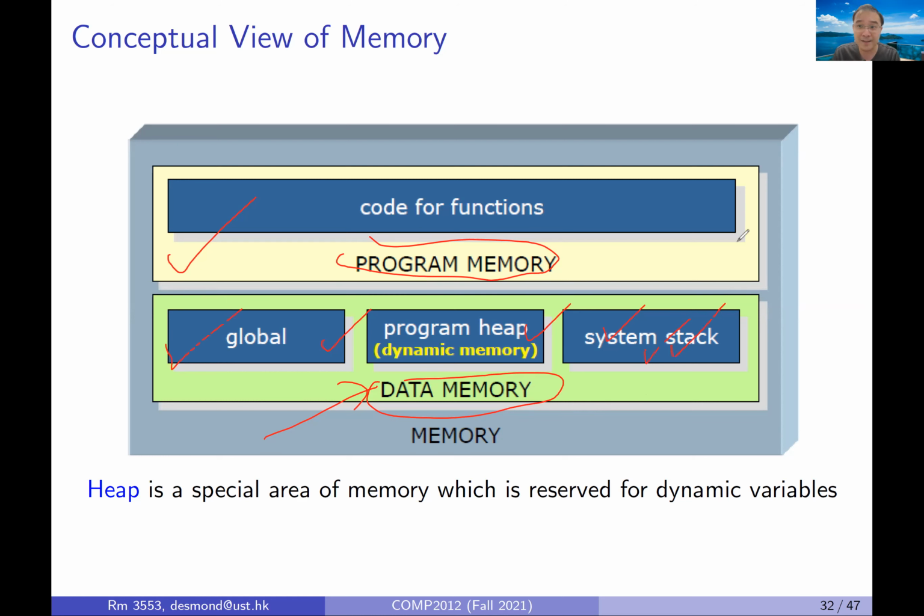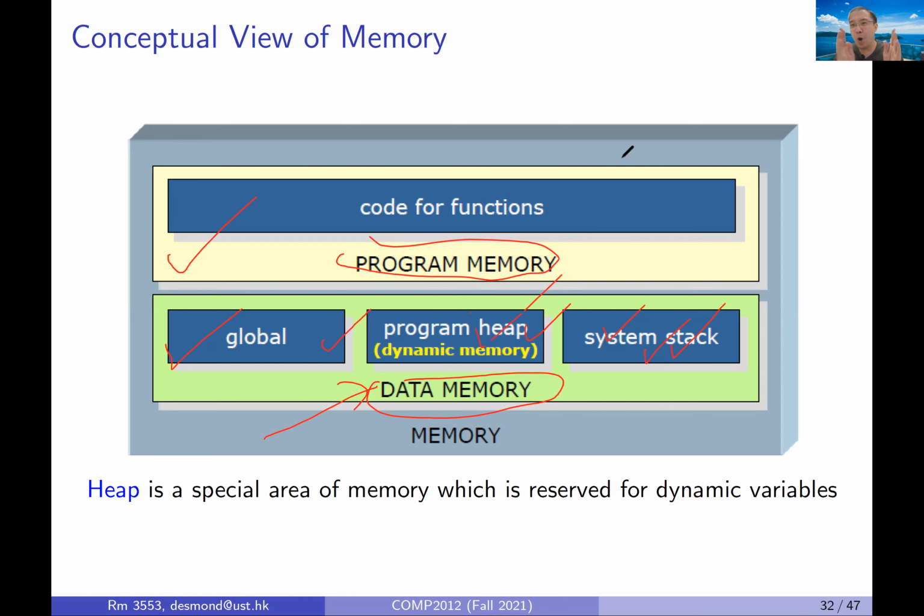Last one. If you get boxes using new, then you only get the memory when you are running your program. Which part are we going to get the memory from? The last part. Heap.